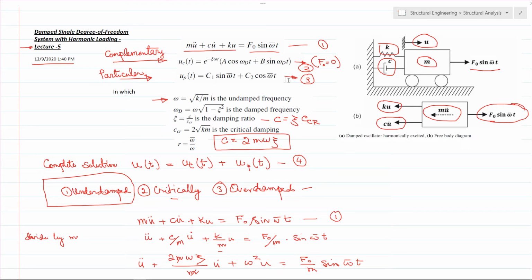The first term is sine and the second term is cos.